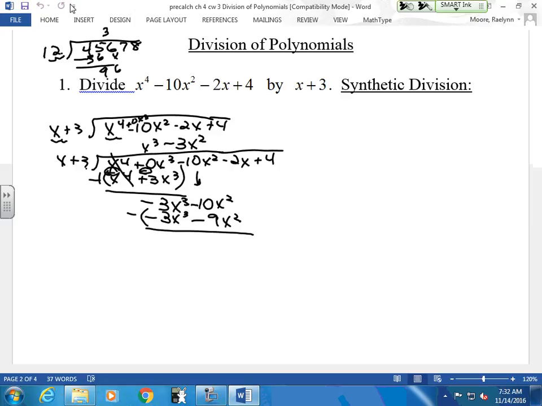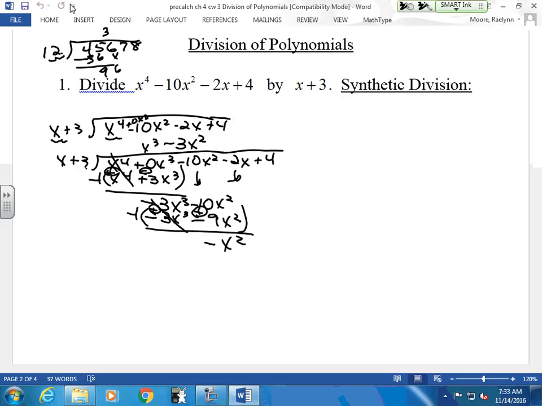When I subtract, I take the opposite of all these terms and I add. This comes out. I have a negative 10x squared and a positive 9x squared. What does that give me? Negative x squared, right?